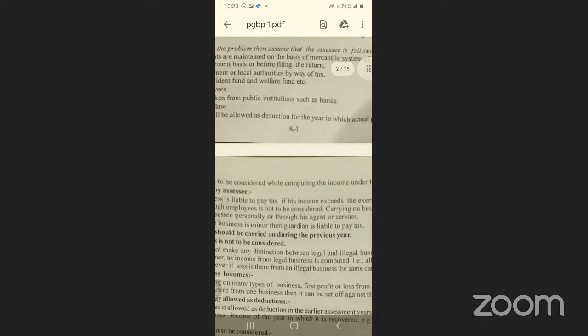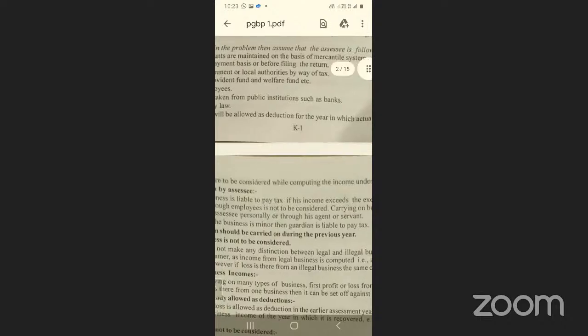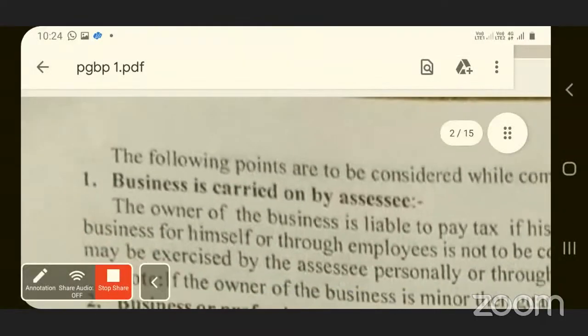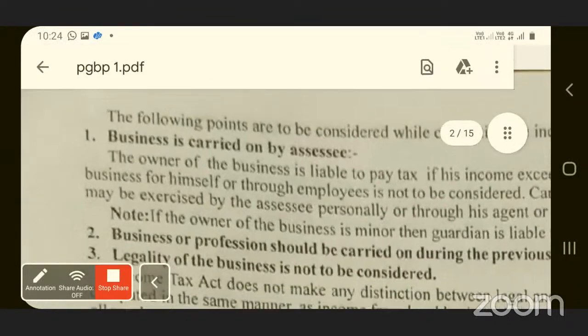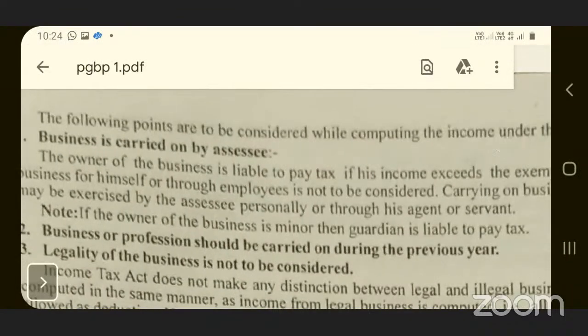Or else we can say that while computing the income under this head, the following points should be kept in mind. Those are, a particular business should be carried on by an assessee itself.